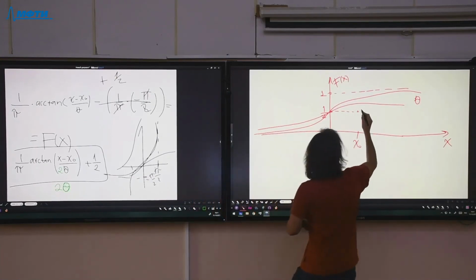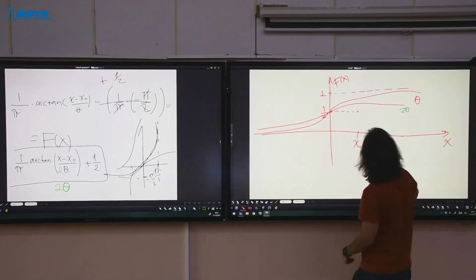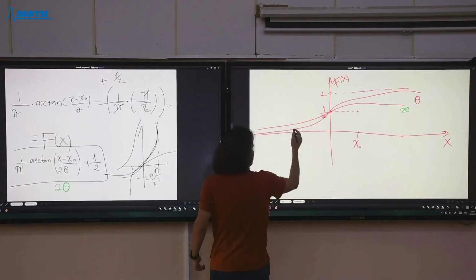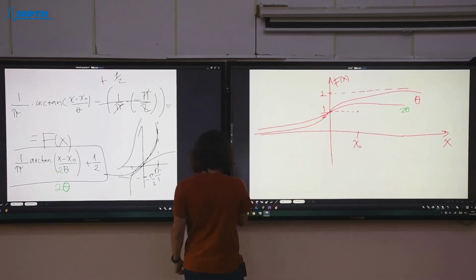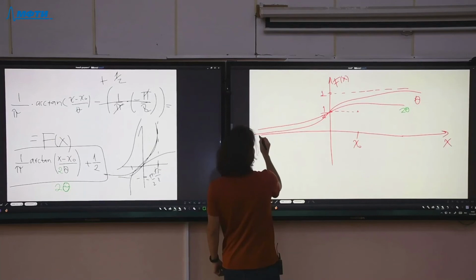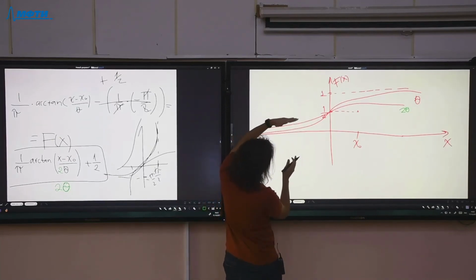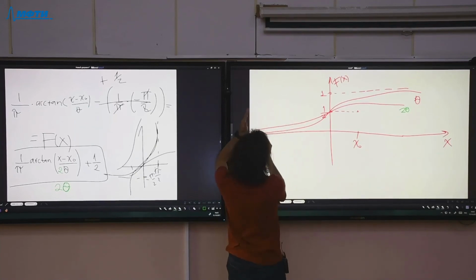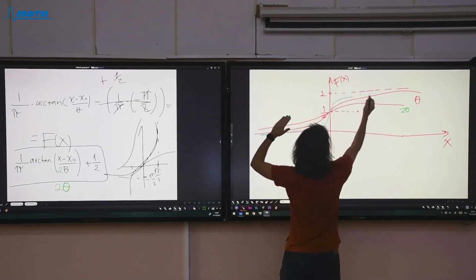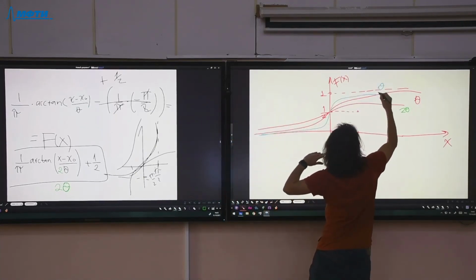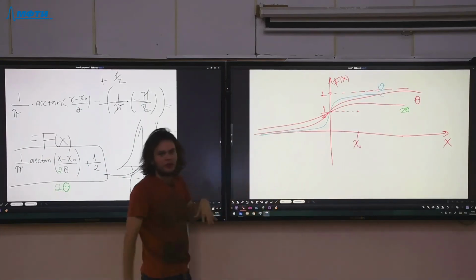And if we divide theta by 2, then we will get something like this.